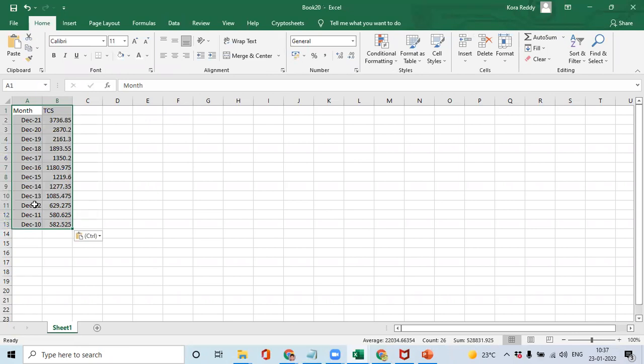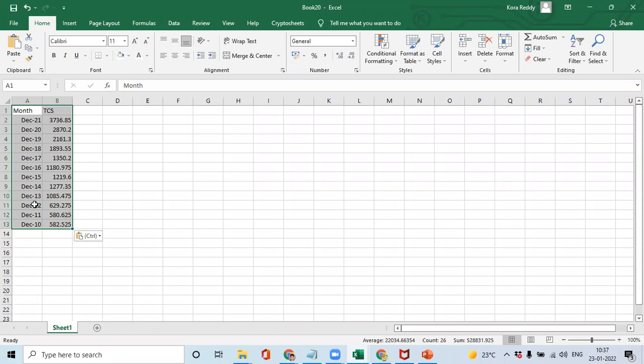How do I calculate my return? XIRR. Yeah, so it is an XIRR.